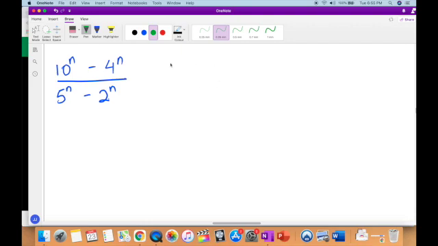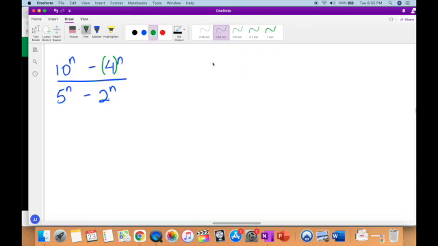So the 4 to the n, what is 4? 4 is 2 squared, eh? Yes. Right? So 4 to the n is really 2 squared to the n, eh? Yes. Right. So when you have this, I could take this and multiply it by the indices, so I'll get 2 to the power of 2n, eh? Yes. Right?